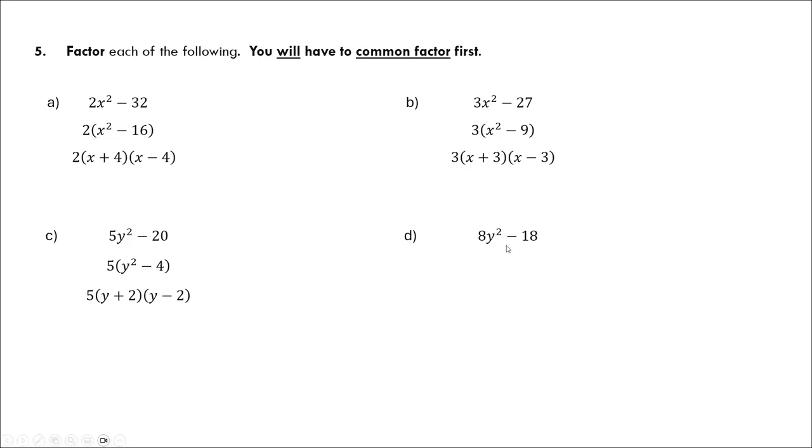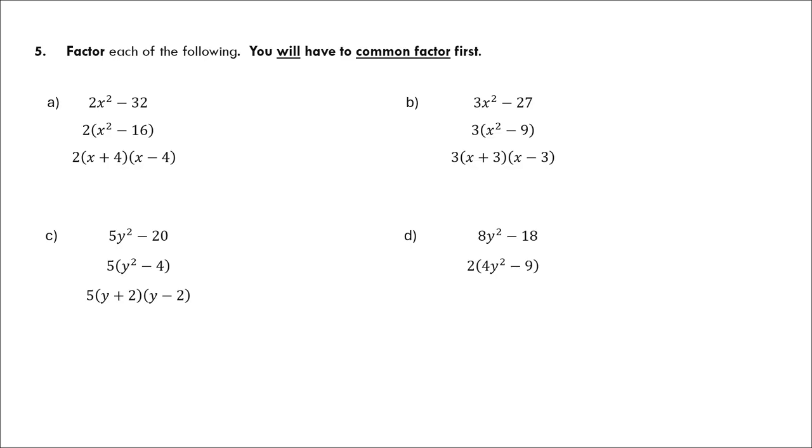Question D. Again, 8y squared and 18 are not perfect squares, but the greatest common factor between 8y squared and negative 18 happens to be 2. So we factor it using the greatest common factor. We're left with 4y squared and negative 9 inside the brackets.